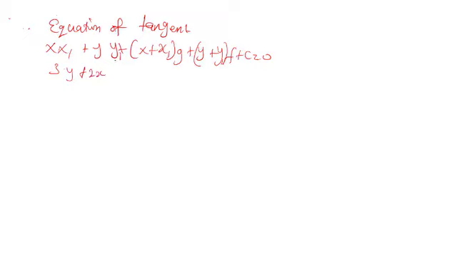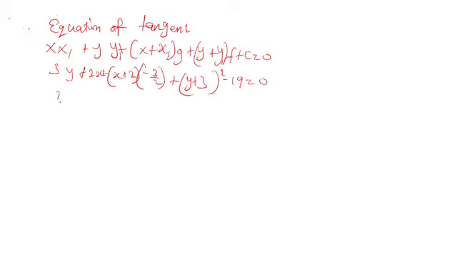So we now have 3y plus 2x plus x plus 2. Then we now have our value minus 3 over 2, plus y plus 3 all squared minus 19 equals 0.